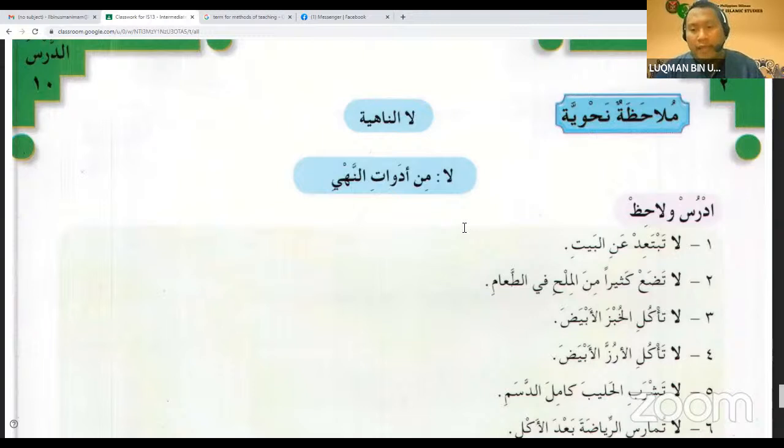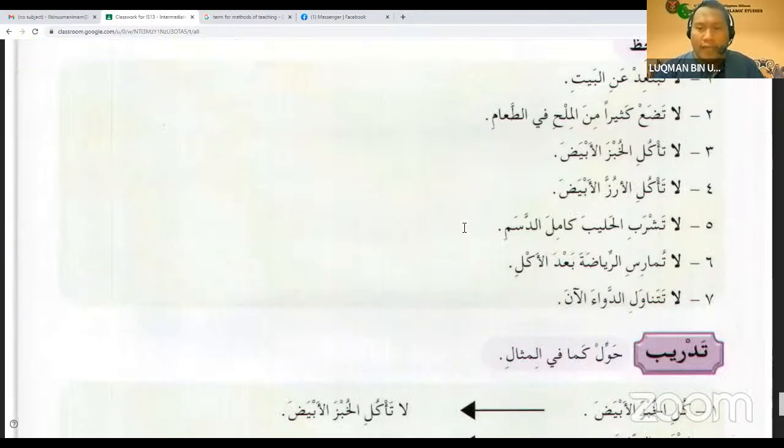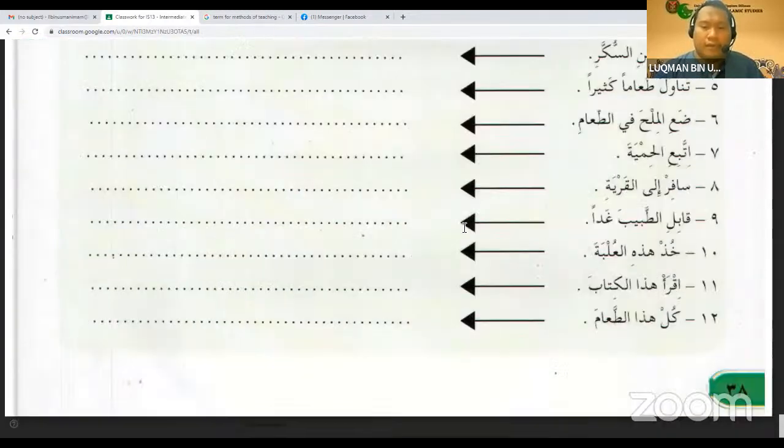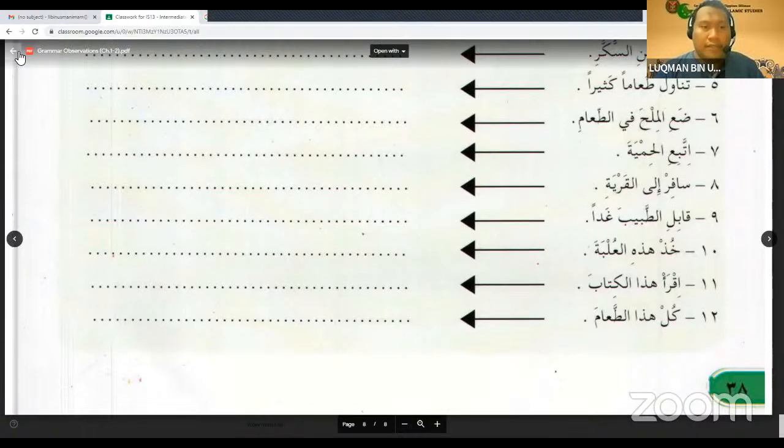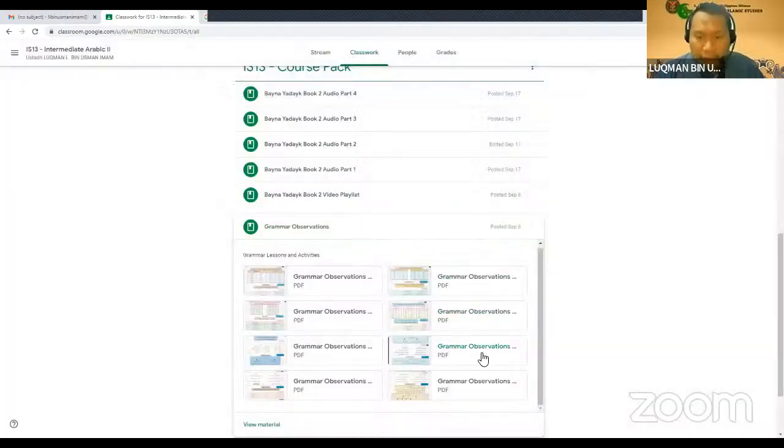The end vowel becomes sukun. We have examples here. La tabta'id anil bayt. Don't go far away from the house. It will end in sukun. Okay, hopefully that's clear. Now we will proceed with the grammar observations on chapter 3 and 4.